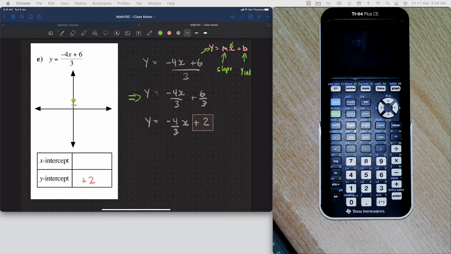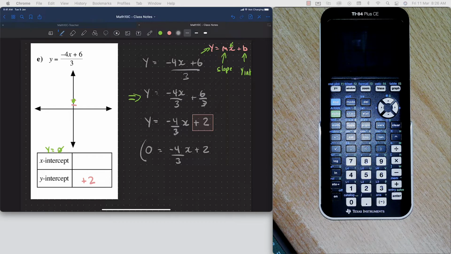Now, how do we solve the x-intercept? Well, again, at the x-intercept, y equals 0. So I'm just going to replace the y in this case with 0. So I get 0 equals negative 4 over 3x plus 2. Okay, and what we got to do in this case is eliminate, remove the denominator right there.